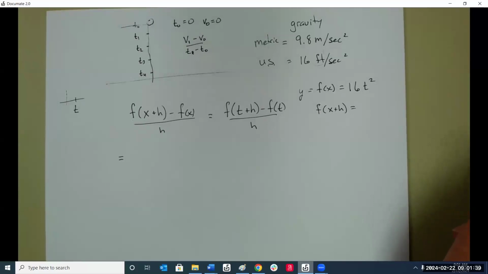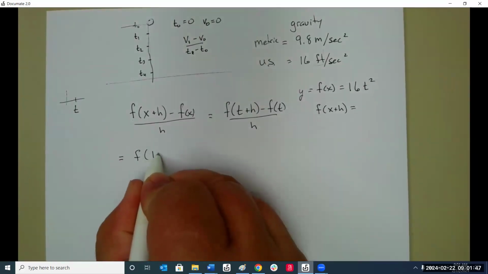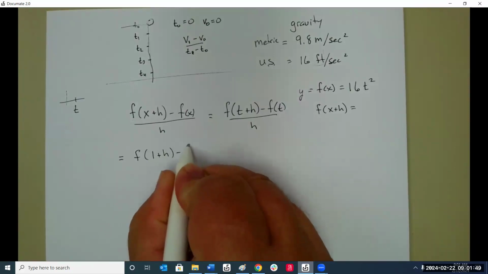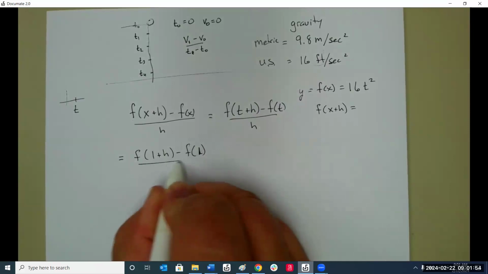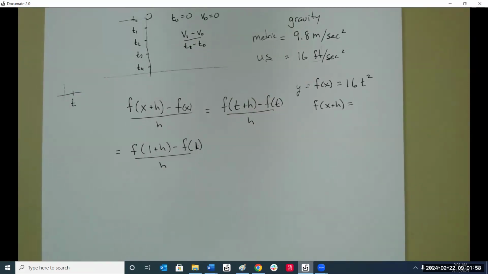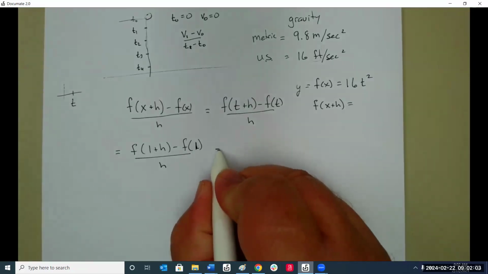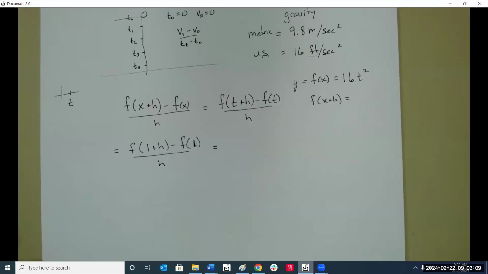So what was our time we're looking at? Look at your question. What was our time we're looking at? So our time is 1 plus h minus f of 1 over h. How do we relate this back to our function?